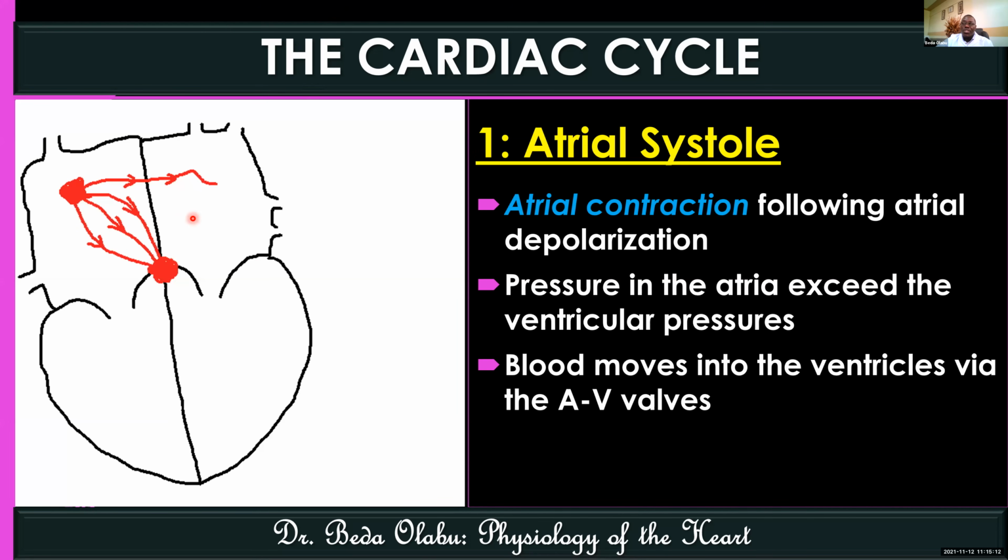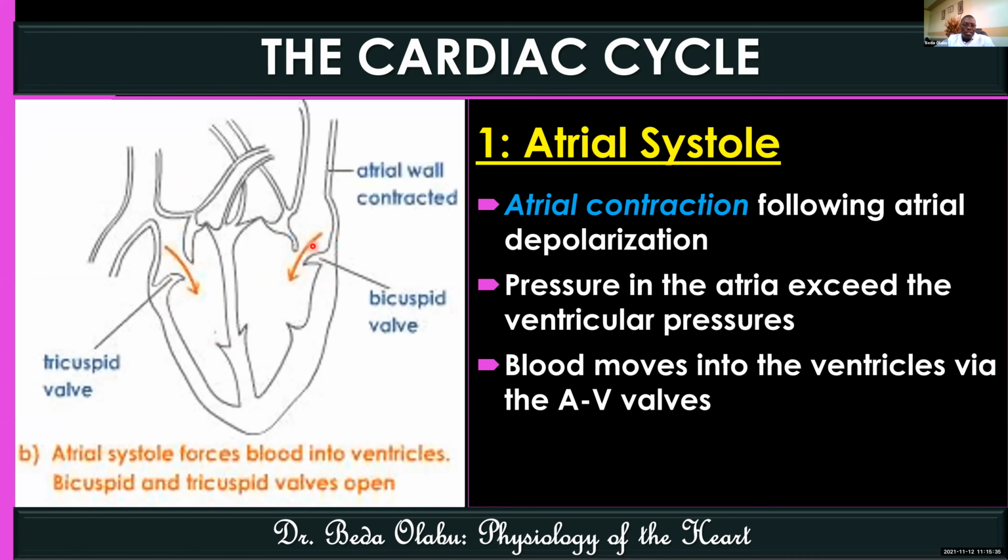So during atrial systole, the pressure in the atria increases because the atria have contracted, and so blood moved to the ventricles. Of course, movement of blood to the ventricles is through the atrioventricular valves.